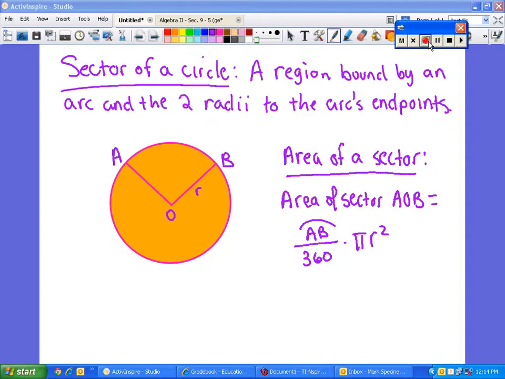The sector is a portion of a circle. It's an arc that goes from point to point and then two radii, plural of radius.